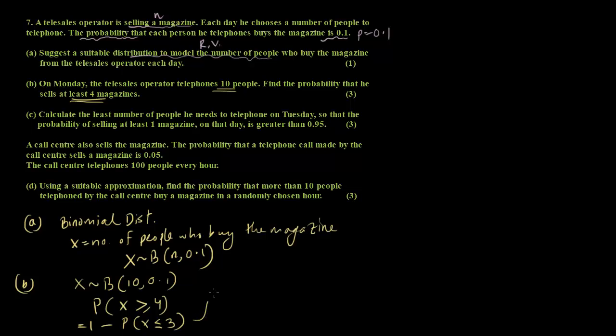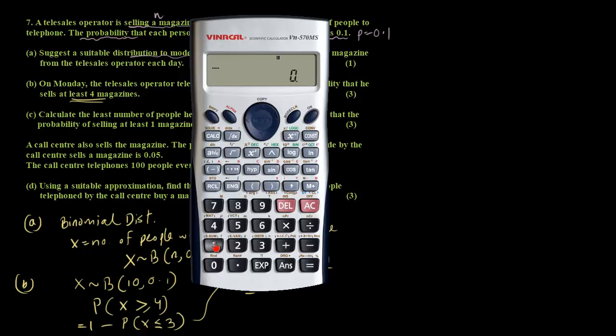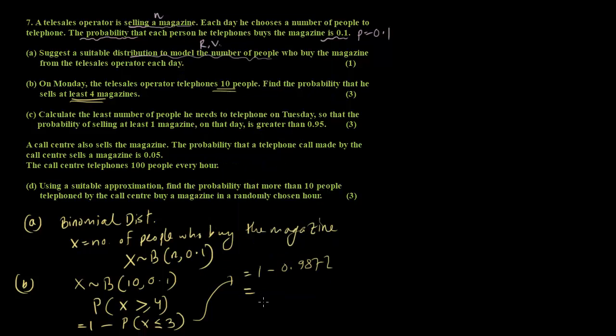So 1 minus 0.9872, and that turns out to be 0.0128.